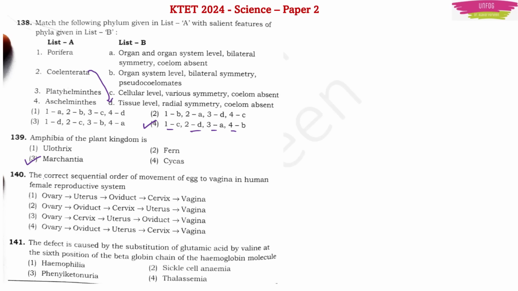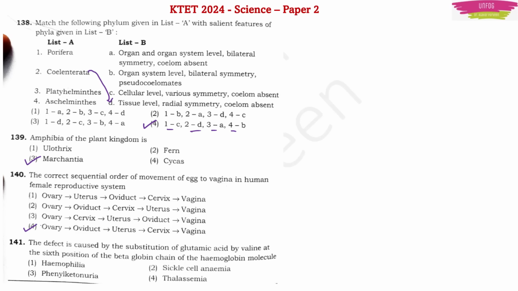Next question. The correct sequential order of movement of egg to vagina in the human female reproductive system. Scientifically this is a wrong question, because the egg does not go to the vagina, it goes till the cervix. But if you want to follow the correct order, option 4 will be the correct answer.